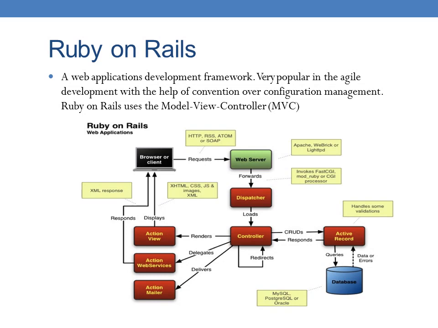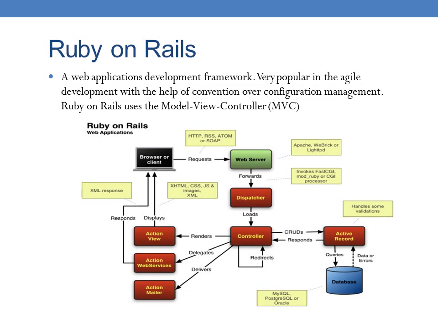So if you give the input to the particular component by the client, then that will provide some output from the server. Here the architecture is available: the Ruby on Rails client web application, browser or client, requests a web server.